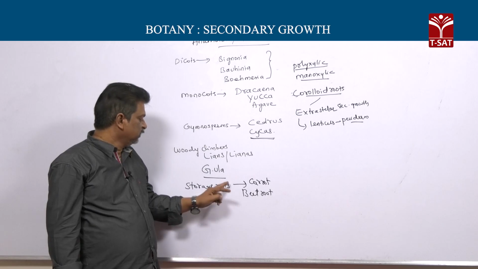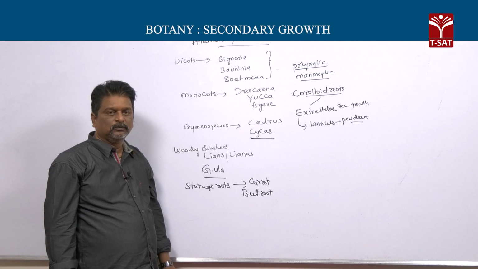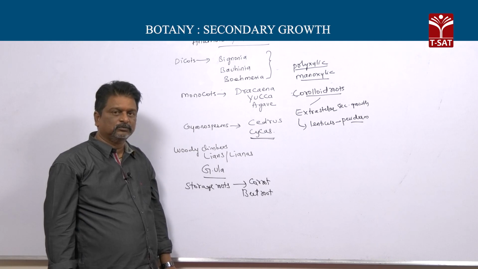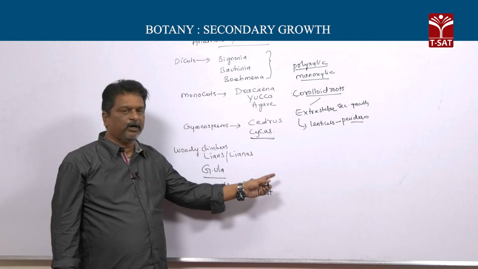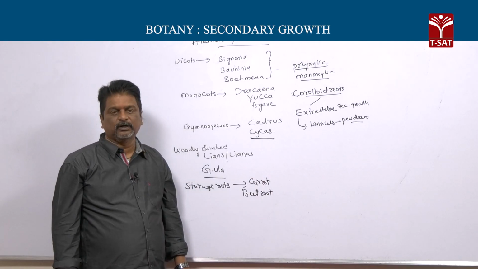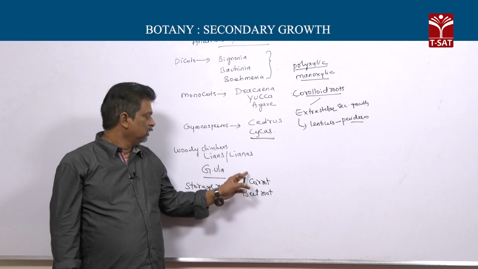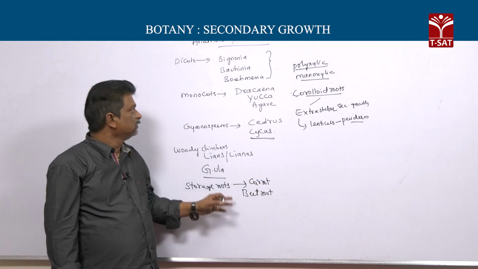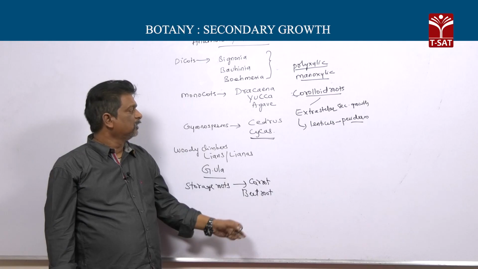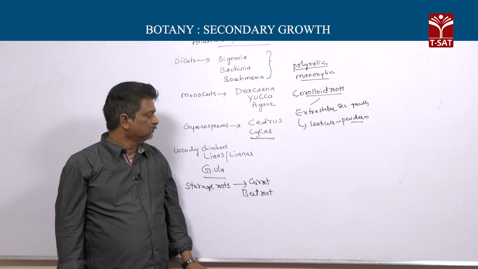Then storage roots like carrot and beetroot: at the time of secondary growth, they produce a large amount of secondary parenchyma for storage, hence called abnormal or anomalous secondary growth. So these are examples of abnormal or anomalous secondary growth.